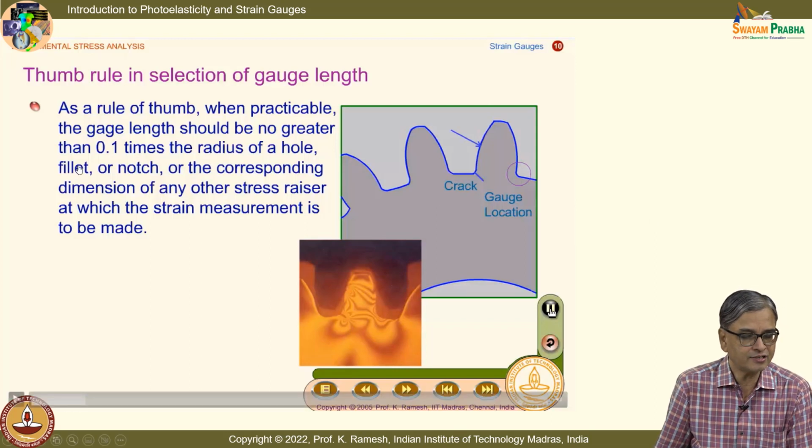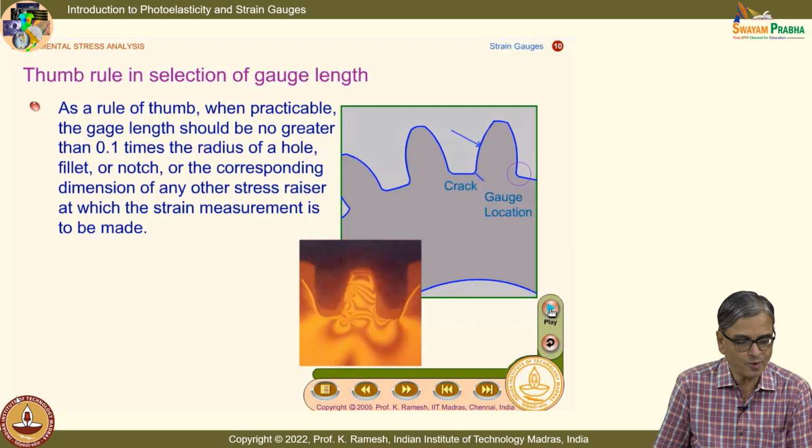So, the idea is you should have the gauge length not greater than 0.1 times the radius of a hole or the fillet. These are all thumb rules, you can only satisfy to the extent possible.